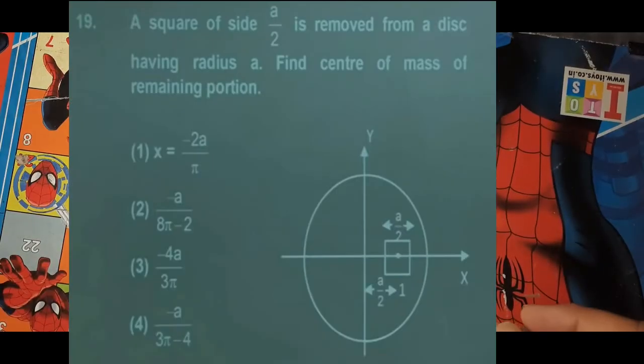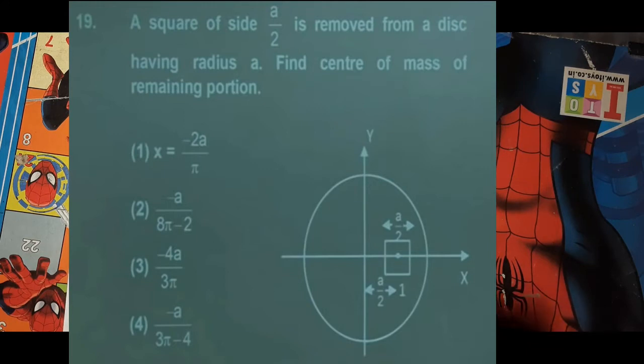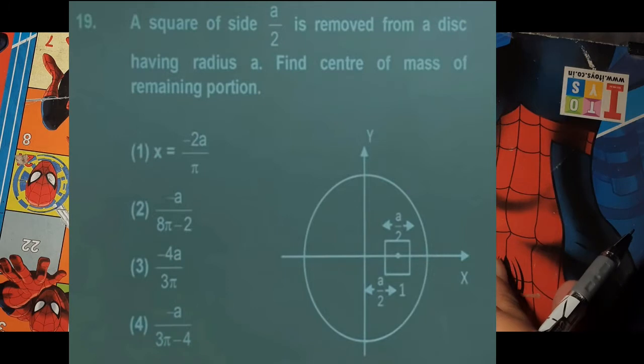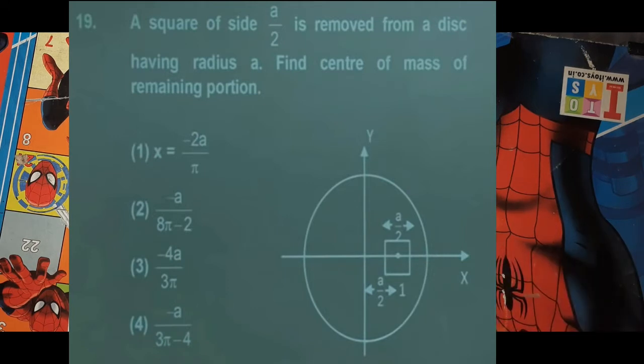Now let us solve another problem. A square of side A by 2 is removed from a disc having radius A. Find the center of mass of the remaining portion.